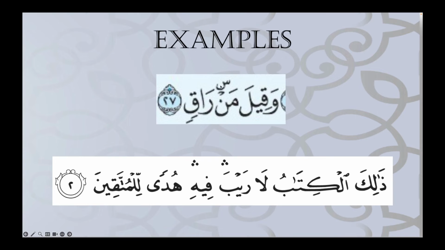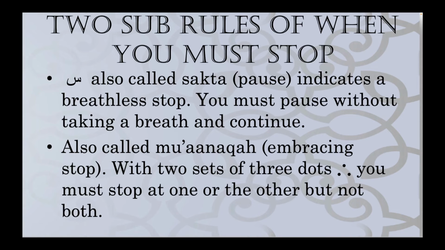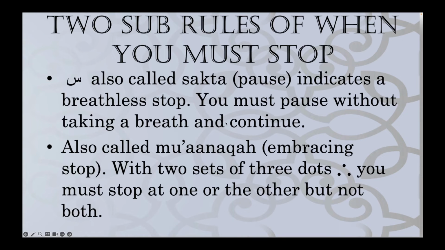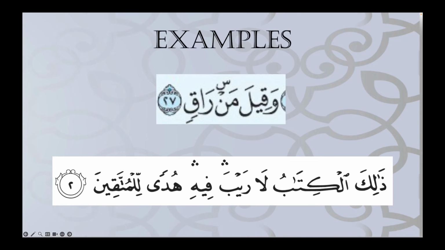So this little scene right here, this is the example of the sakta, which is the first bullet point that you see on your screen right there. And these 3 little dots that you see right here, these are the examples of the embracing or the mu'anaqa. This is pronounced وَقِيلَ مَنْ رَاقٍ.